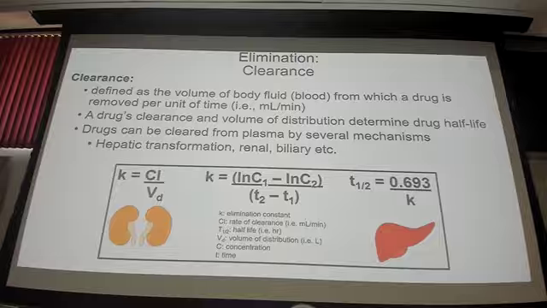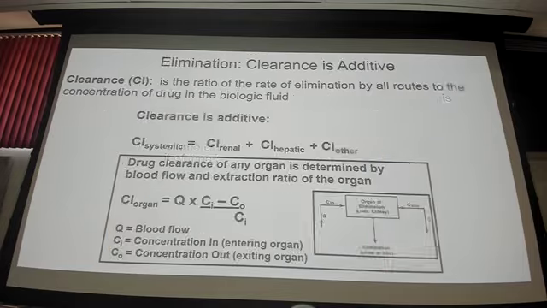There are many different ways of a drug being cleared. You have hepatic transformation, which is both phase 1 and phase 2 metabolism, and then renal clearance and biliary clearance. A drug's clearance from the body is the sum of all elimination pathways, meaning that it is additive.